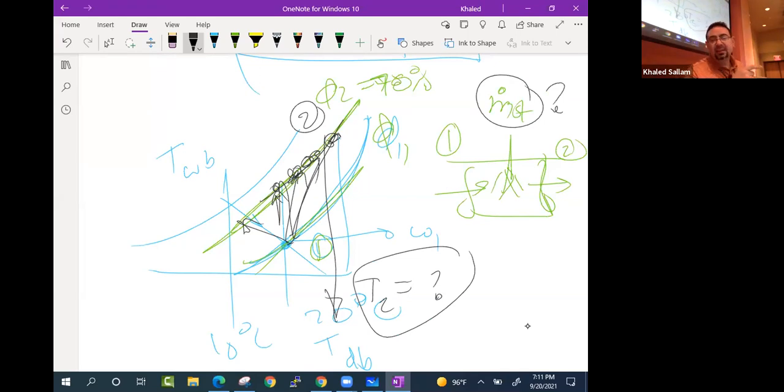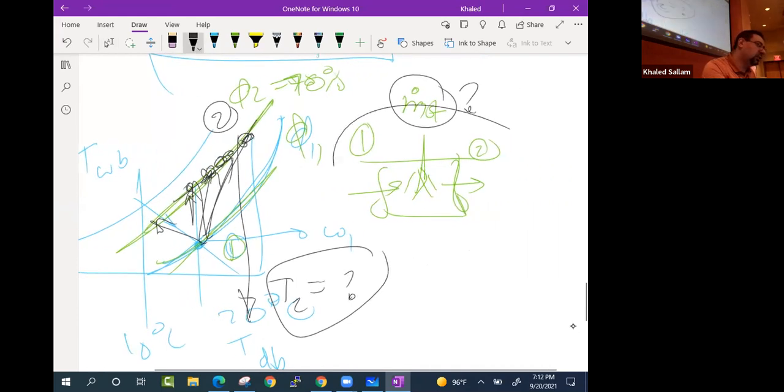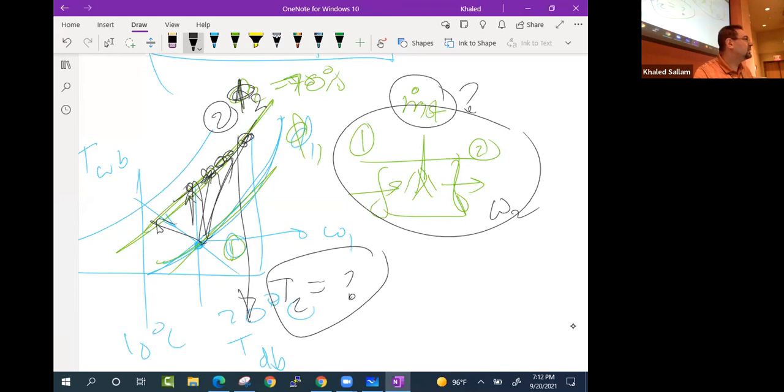Okay, so what do you guys think? I think that's really an energy equation, right? It's kind of an energy equation, but the complicated thing is that he does not tell us what W2 is. If I know W2, that would be so easy.